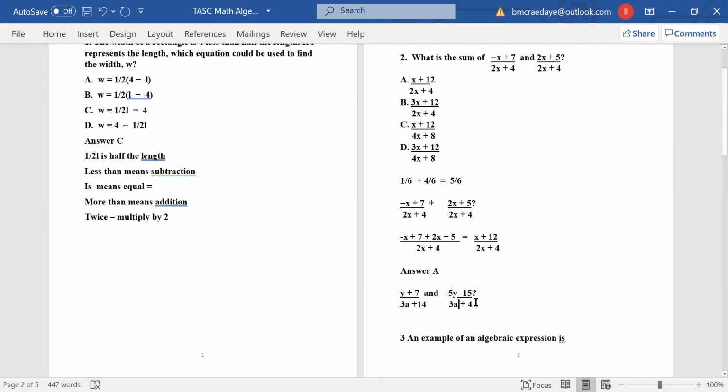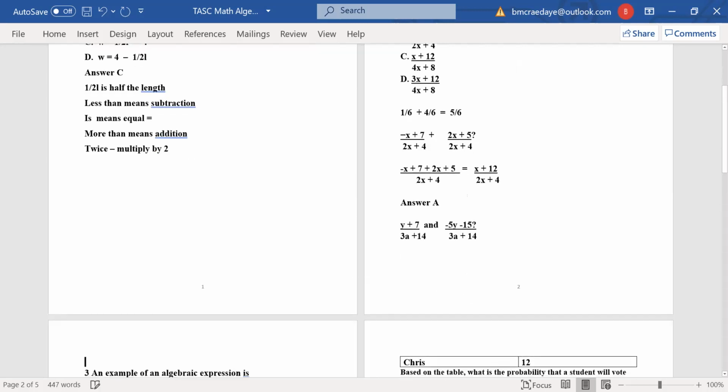I want you to tell me the answer. Now you see it has the same denominator, 3a plus 14, so you can add the numerators, and what do you get? What's the answer, Vanessa?